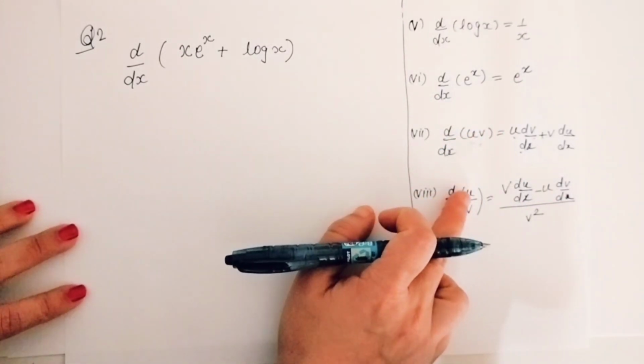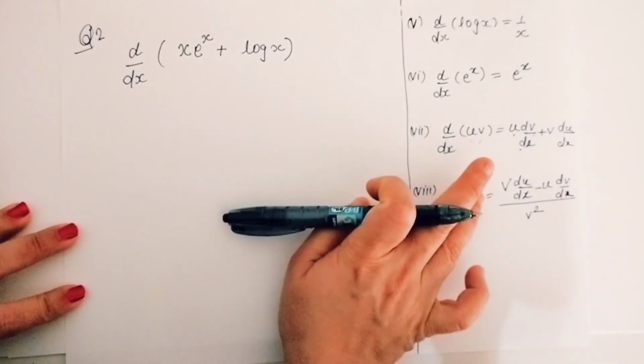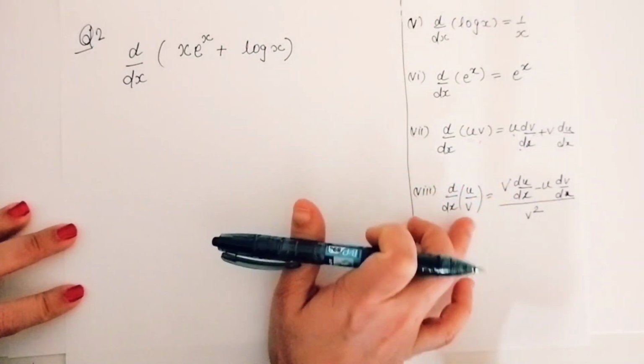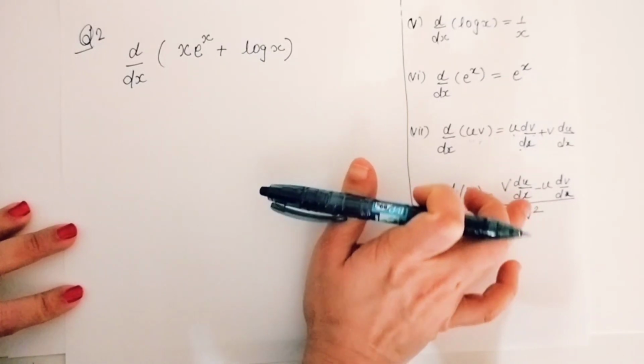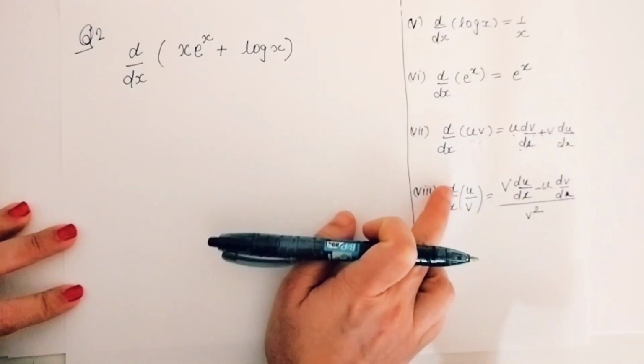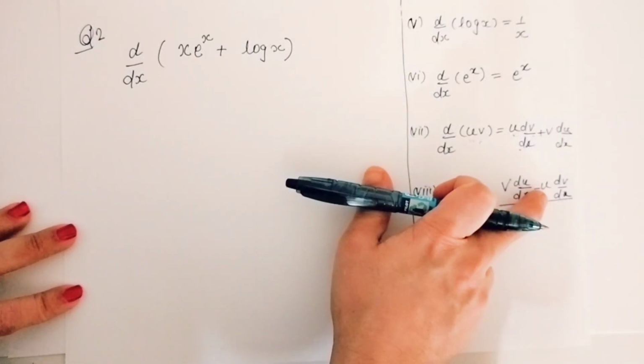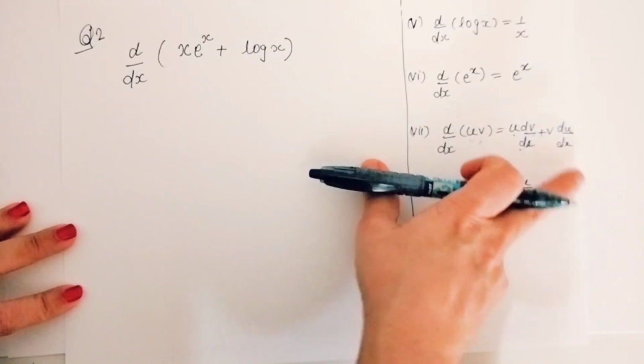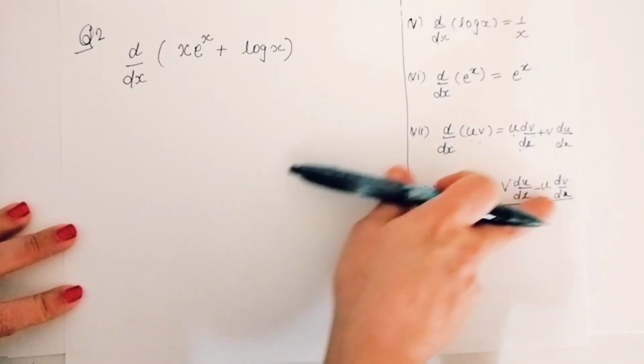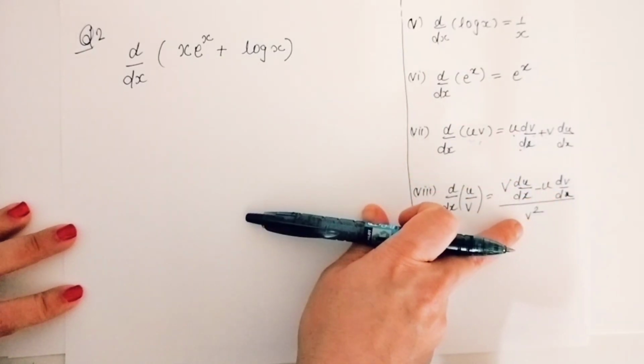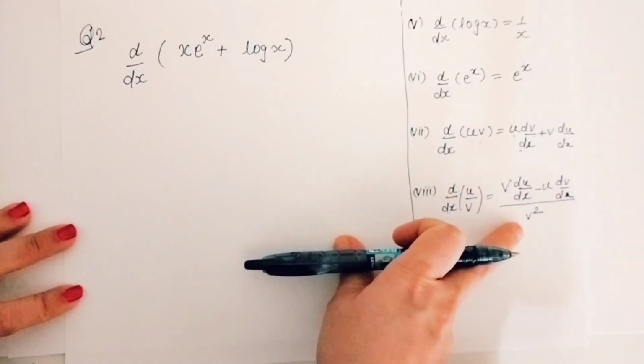And what if we have u by v? Then it is v du by dx, meaning the denominator function times the differentiation of the numerator function, minus the numerator function times the differentiation of the denominator function, and then upon v square, meaning the denominator function whole square.